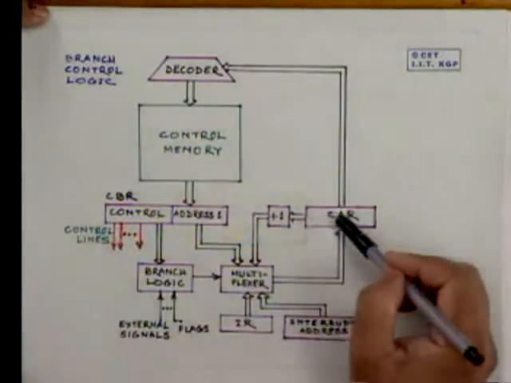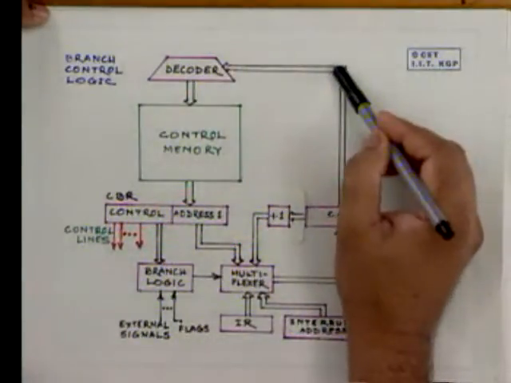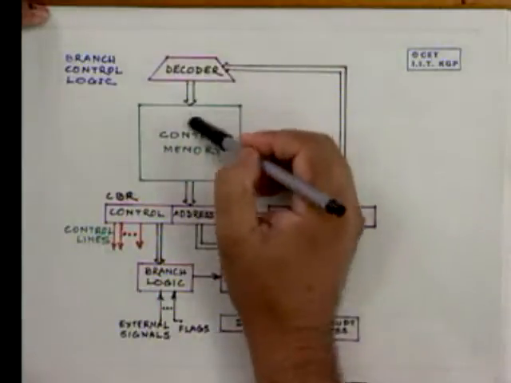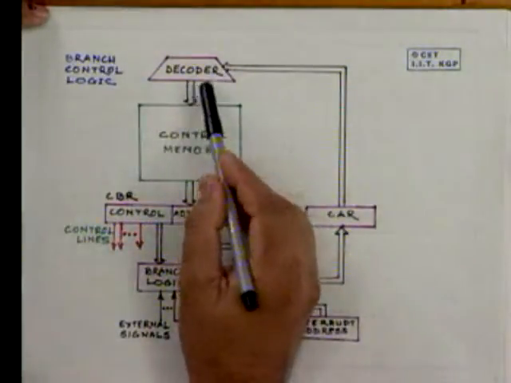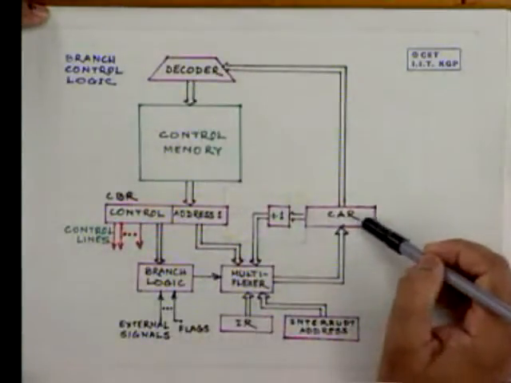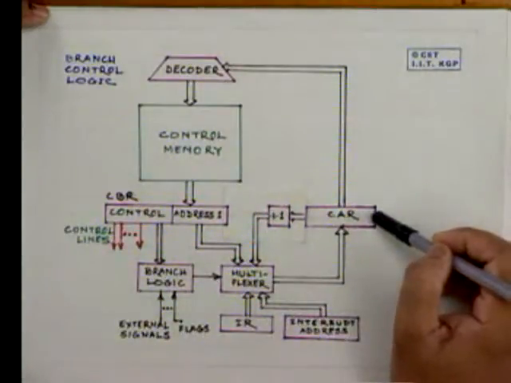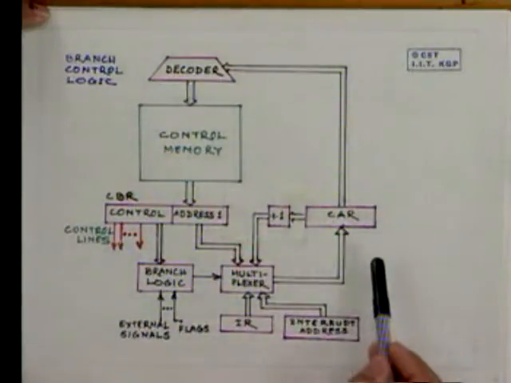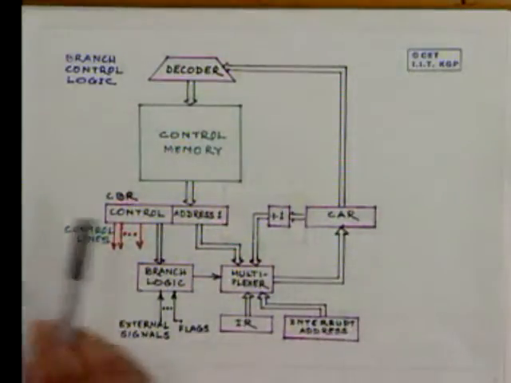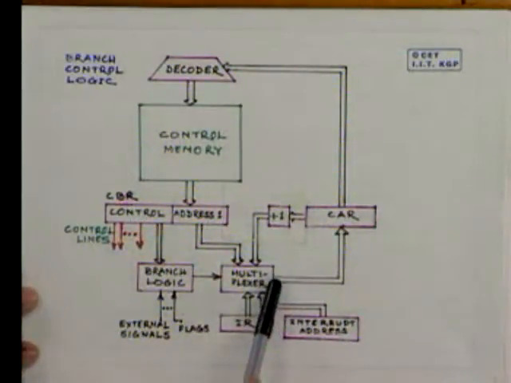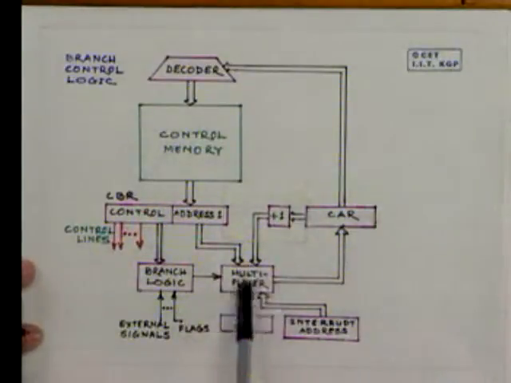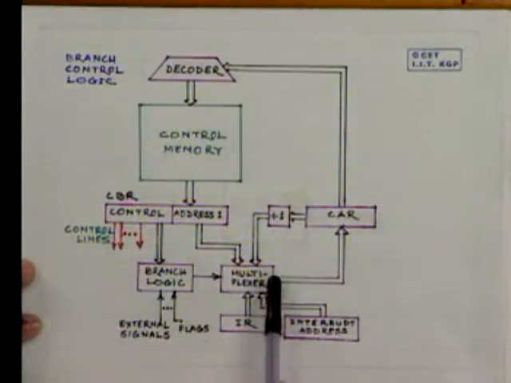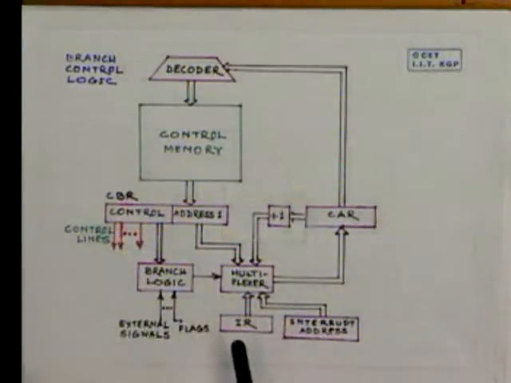In that case that particular memory location's content will be taken, which means the control is moved to the control memory location that the control address register points to, right. Therefore, this gives a picture of the branch control logic.